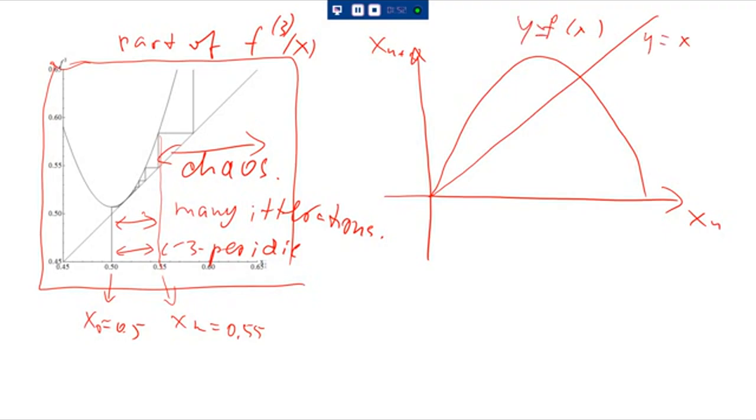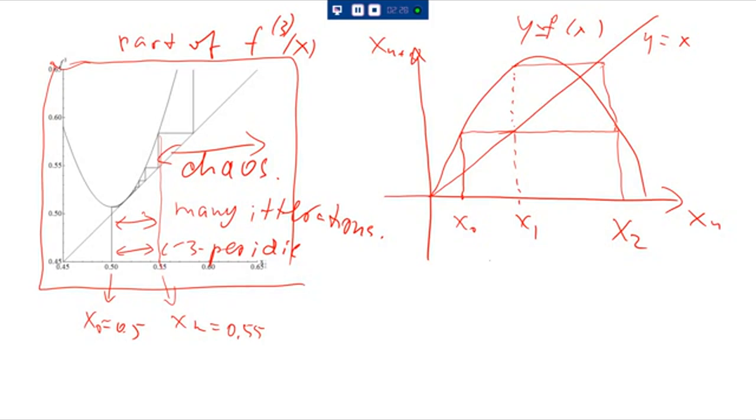This is y equal to f of x. Assume we started somewhere here. This is, say, x_0. Then this will be x_1. Then this will be x_2.